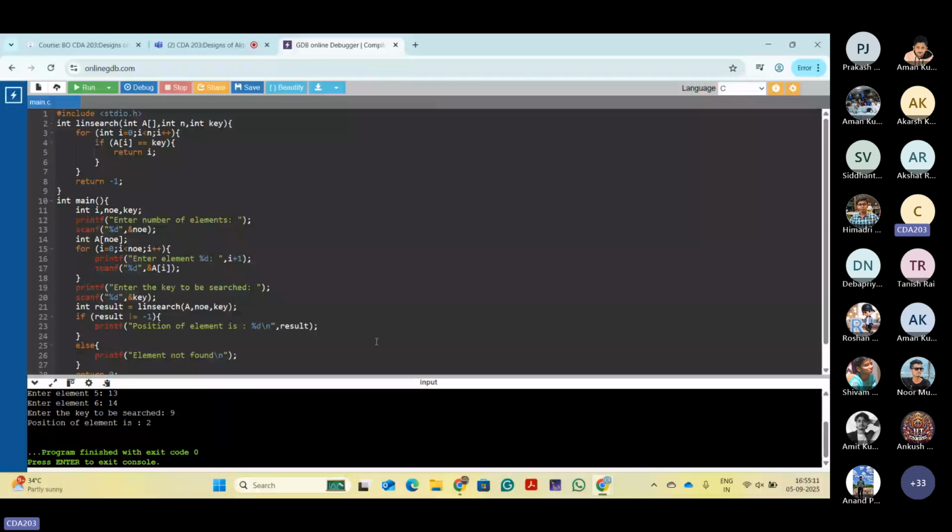In the unsorted case, you have to use this linear search technique. In binary search, you cannot use the unsorted array as an input. If you use it, then you will get the wrong output. Okay, fine. Any other queries regarding this binary search and linear search?